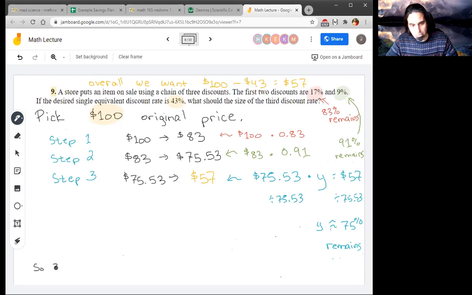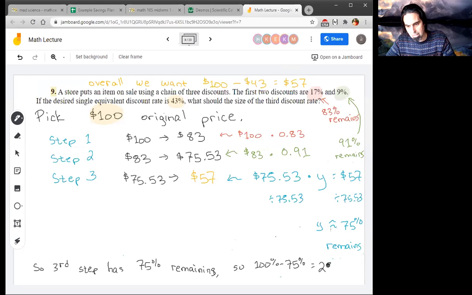So if the third step has 75% remaining, so 100% minus that was how much went away, the discount sale.